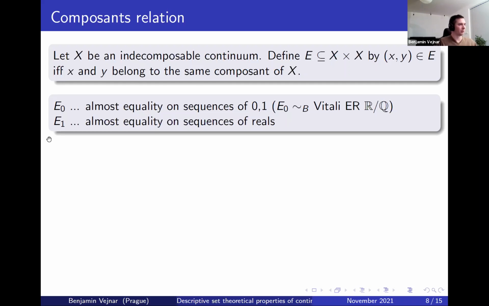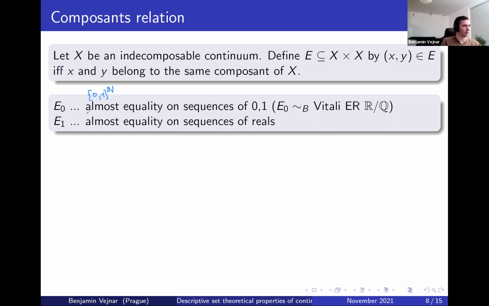One of them, usually denoted by E0, is an equivalence relation which lives on the space of all sequences of zeros and ones. And two sequences are equivalent with respect to E0 if and only if all the coordinates, up to finitely many, are equal.